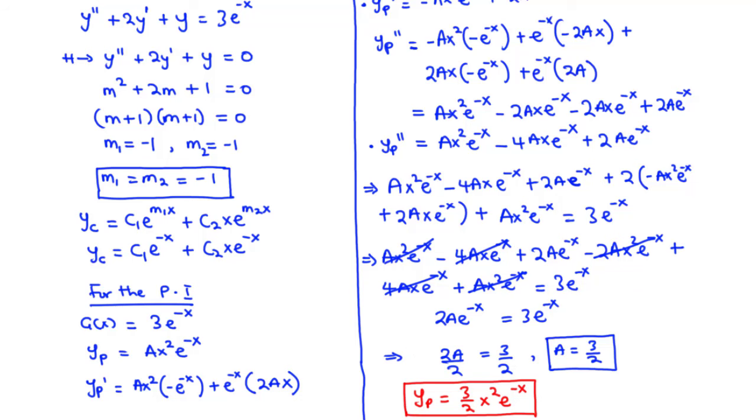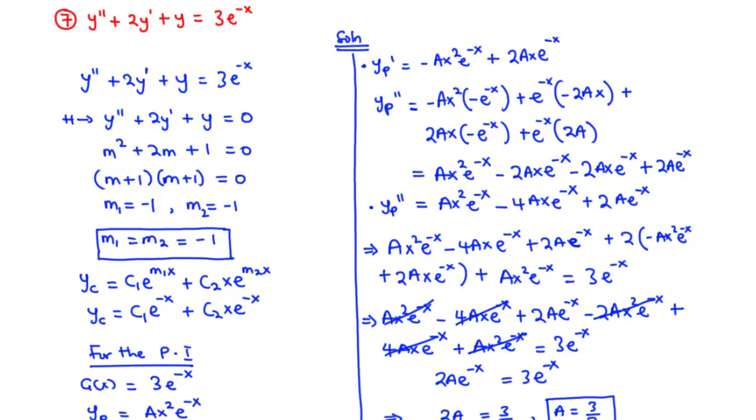Hence, we are going to have the general solution for the differential equation to be y equals c1 e to the power negative x plus c2 x e to the power negative x plus 3 over 2 x squared e to the power negative x.